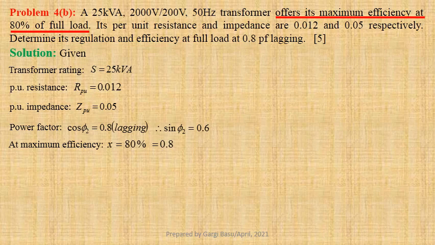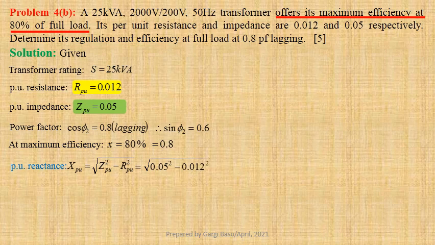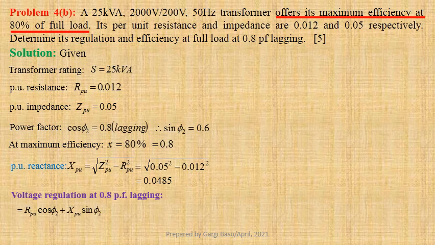Let us now calculate per unit reactance. X per unit equals root over Z per unit square minus R per unit square. Using values we get root over 0.05 square minus 0.012 square, that gives us 0.0485. Expression for voltage regulation at lagging power factor condition is R per unit cos phi 2 plus X per unit sin phi 2.